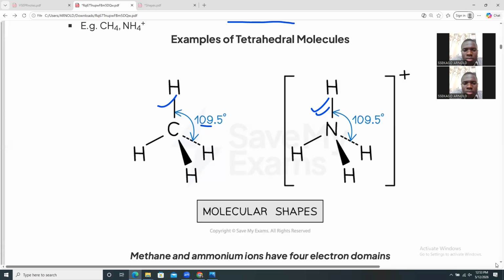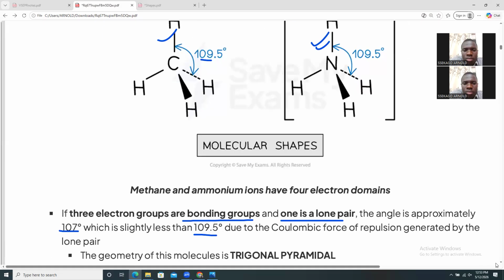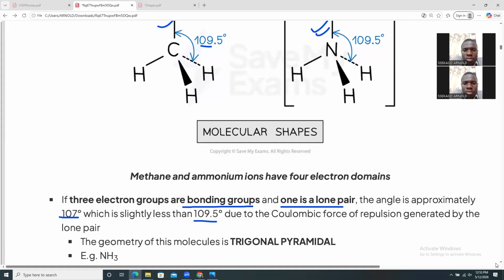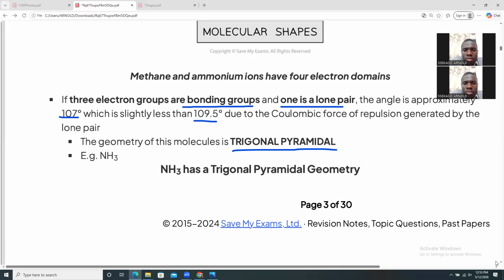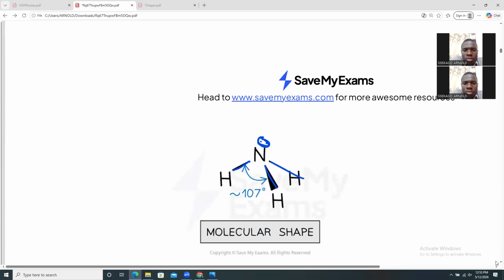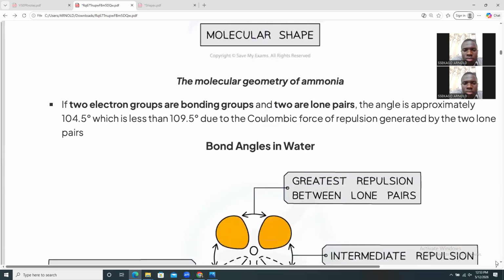But where the similarity is, in both cases we have 4 electron groups. For methane, all of them are bonds. For ammonia, 3 are bonds and 1 is a lone pair. The geometry is also the same, tetrahedral, but the shape differs. For ammonia, you see how we call that shape? Trigonal pyramidal.